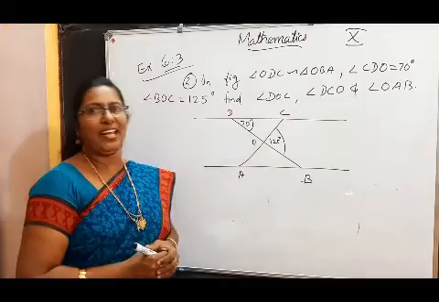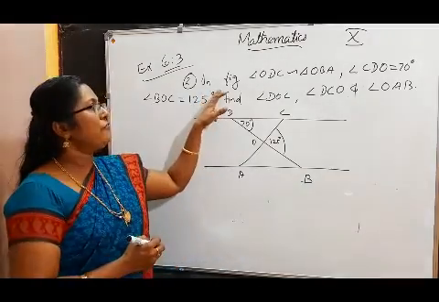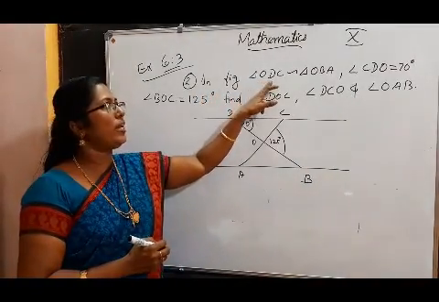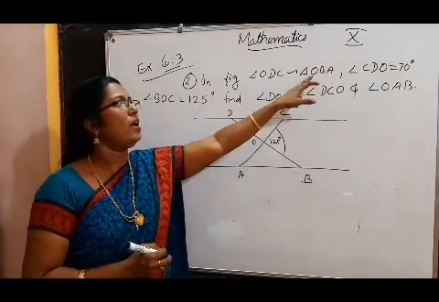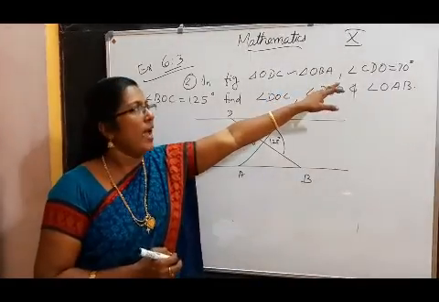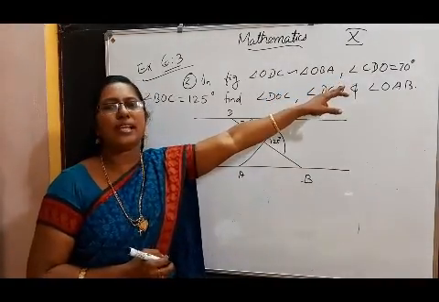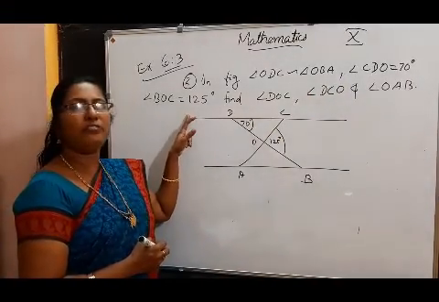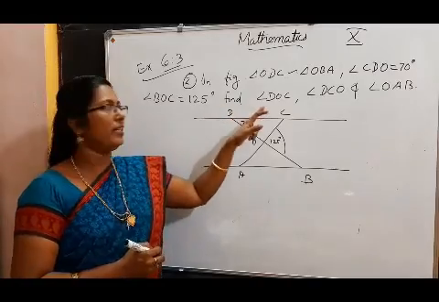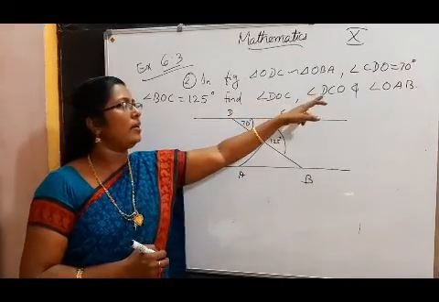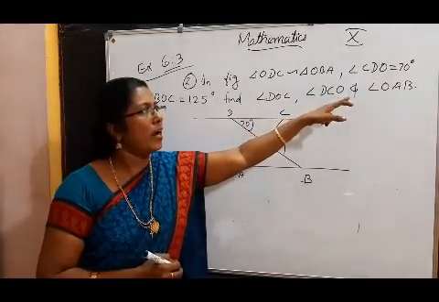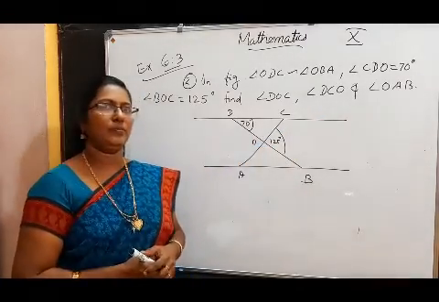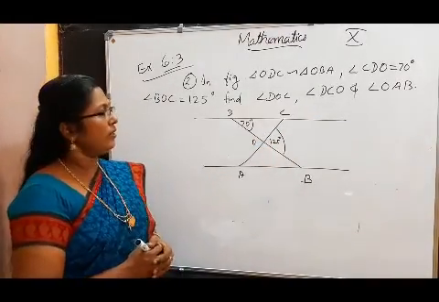Exercise 6.3. Here the question: in the figure, triangle ODC is similar to triangle OBA. Angle CDO equals 70 degrees. Angle BOC equals 125 degrees. Find angle DOC, angle DCO and angle OAB. The figure is given.